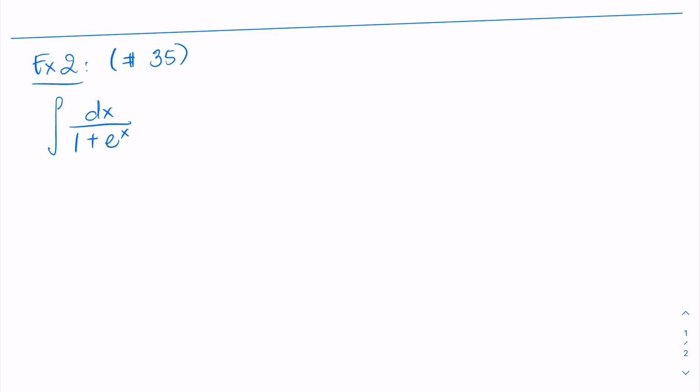For this problem, I would start with u substitution. So if I let u be 1 plus e to the x power, du would be e to the x dx. So you can see right here, we should rewrite e to the x as u minus 1, dx.